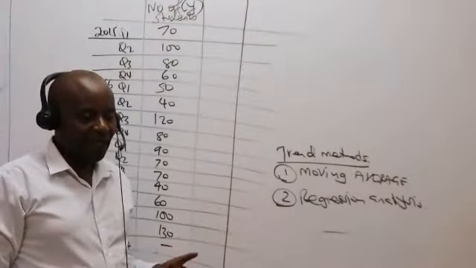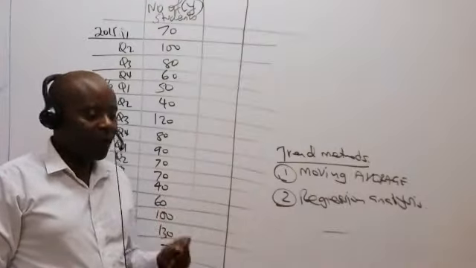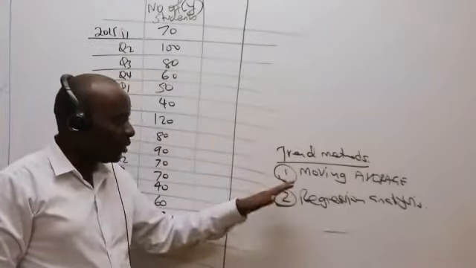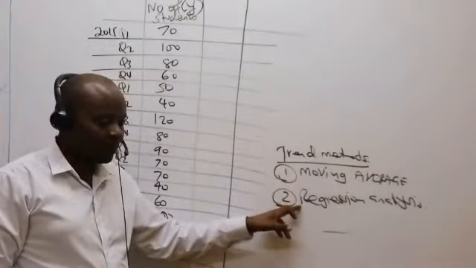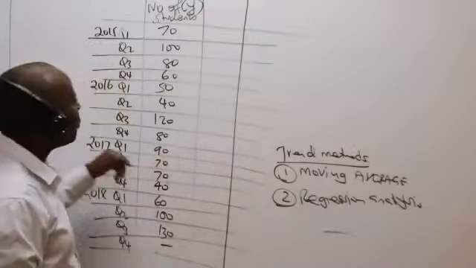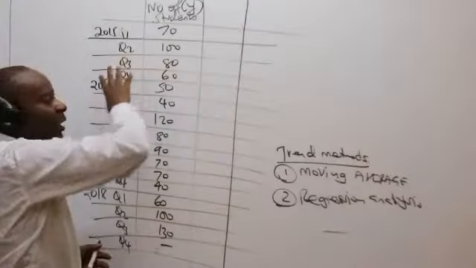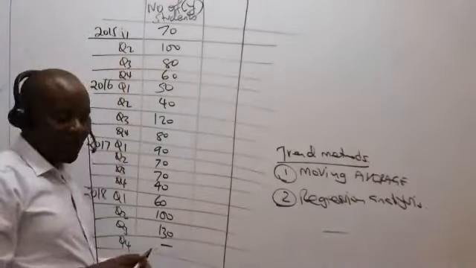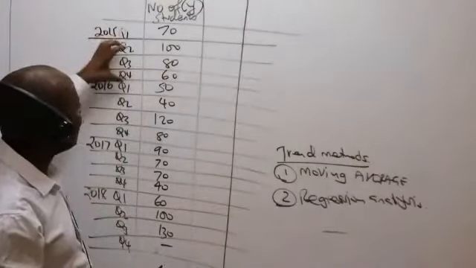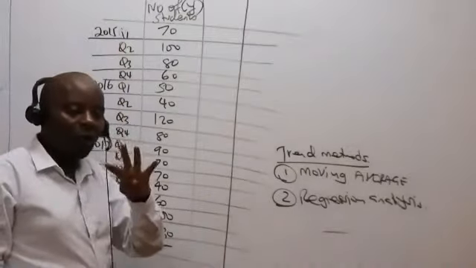Now listen, when we talk of moving averages, which is even more common than regression, what you're supposed to do is to ask yourself, how many times are they breaking their year? Like in this case here, they are breaking their year into 4 quarters.